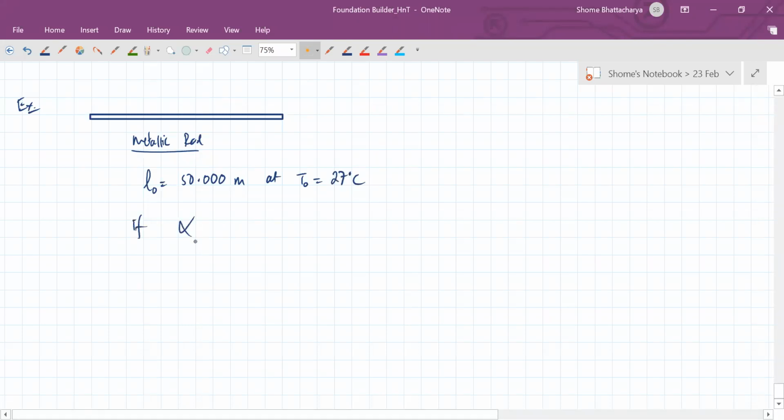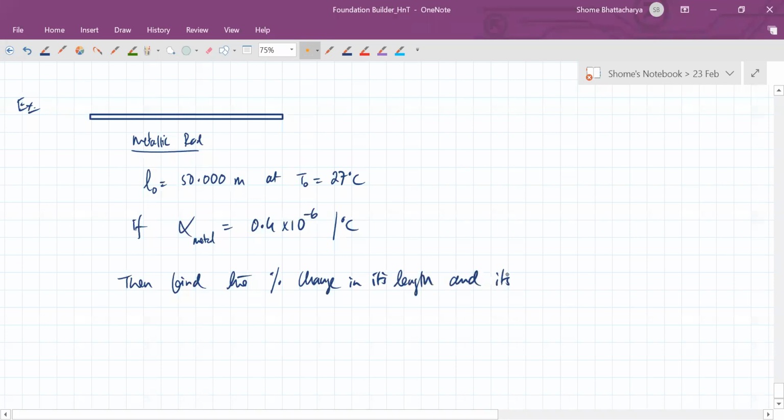If alpha for that metal is equal to, let's say, 0.4 into 10 raised to the power minus 6 per degree C, then find the percentage change in its length, and its length itself, that is the new length, at a temperature of 227 degrees C and at a temperature of minus 73 degrees.